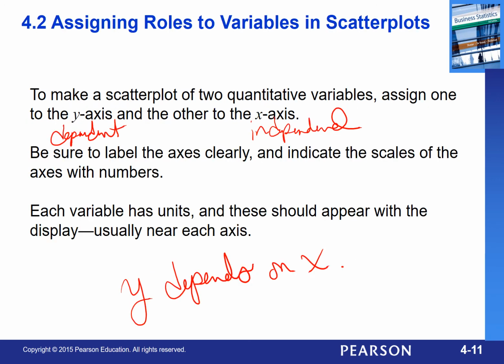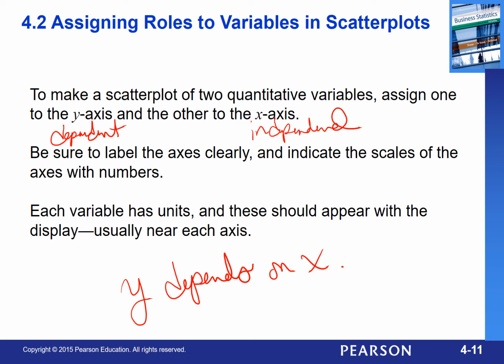Okay. One of the most important things when it comes to assigning roles in your scatter plot is deciding who depends on who. I'm hoping you notice that all scatter plots have an X and a Y axis, and I'm hoping you remember that X and Y variables are something you learned about in algebra, and you use them to describe relationships.